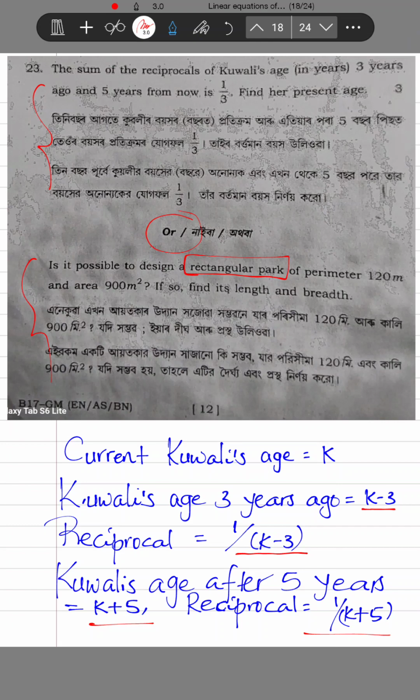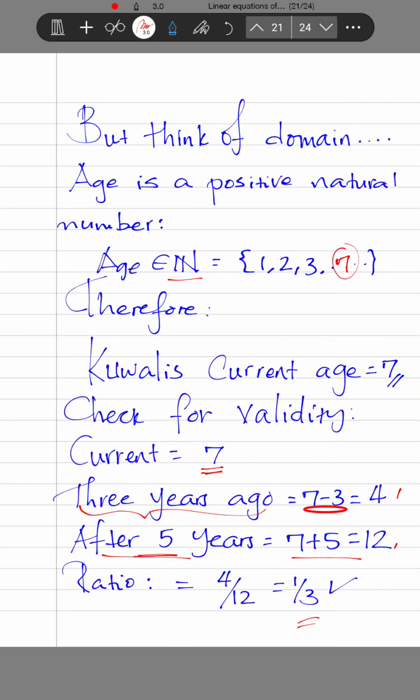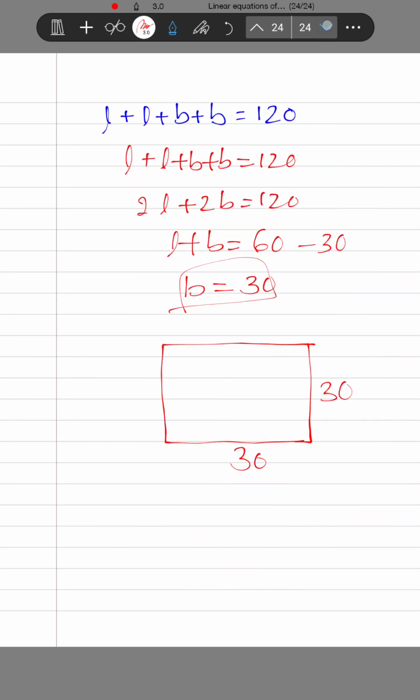It is a bit different from when we talk about it in terms of ordinary life out there. We got a square here, 30 by 30, and when we verify, 30 times 30 is 900, and the perimeter is also 120. So can we say that yes, we are able to make the rectangular park? The answer is going to be yes.